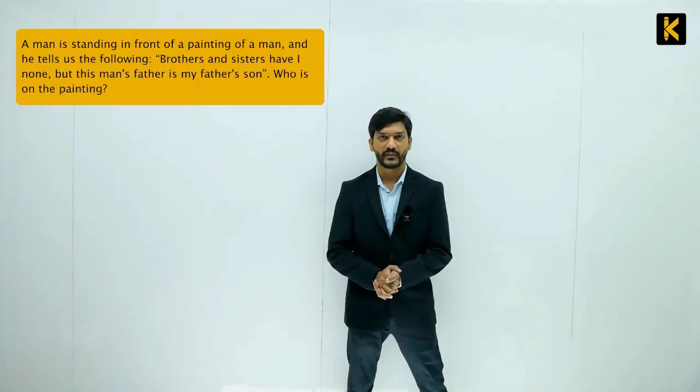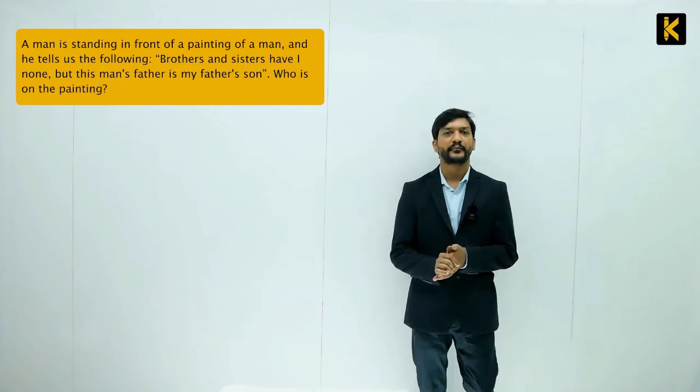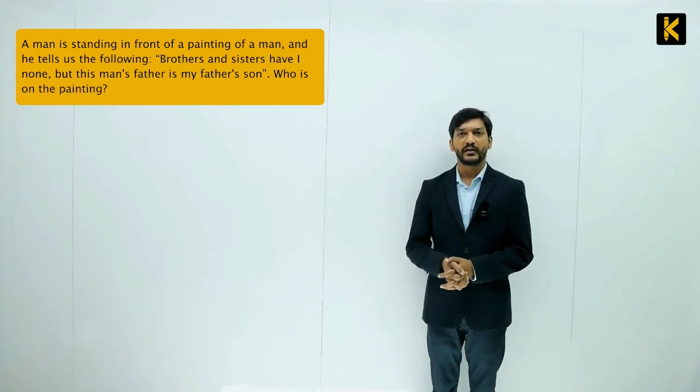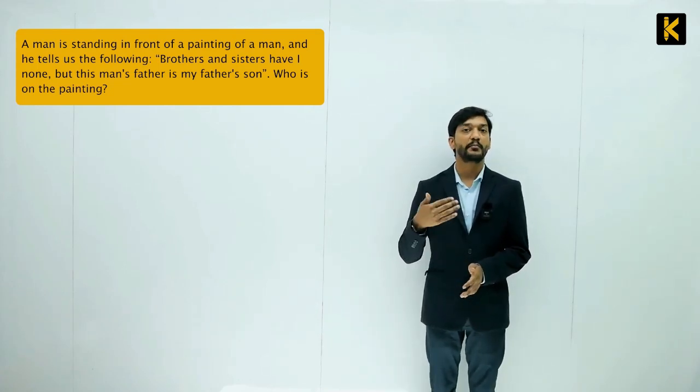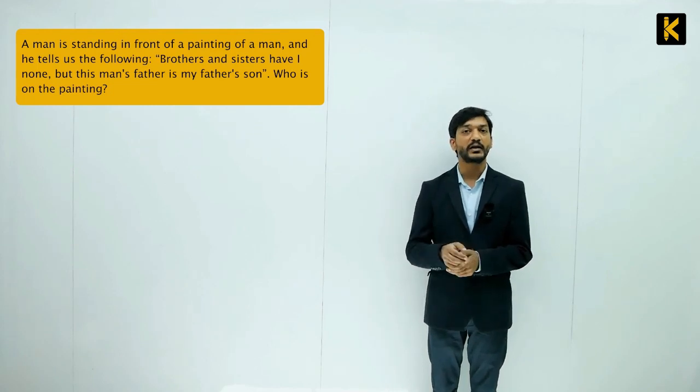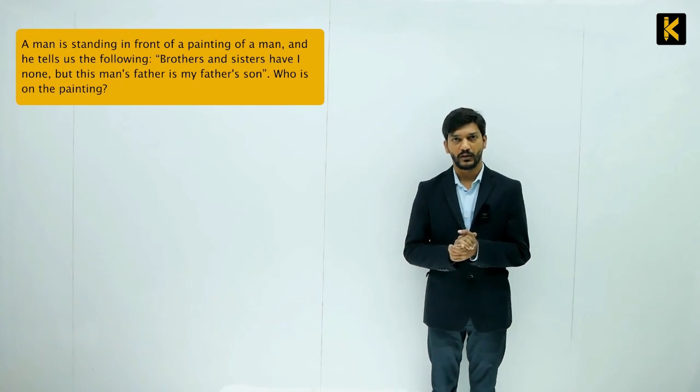All right, students. So moving on to the next question. Please read the question on your screen. So the question is, a man is standing in front of a painting of a man. So there are two men mentioned here. Two. Alright.